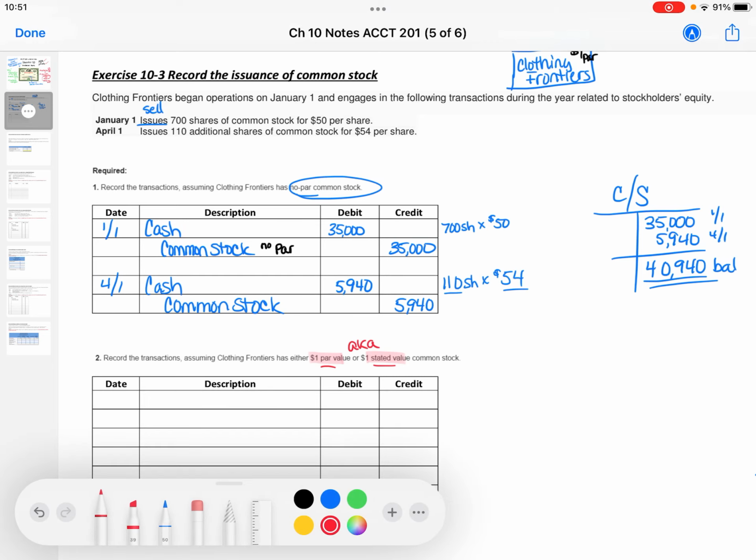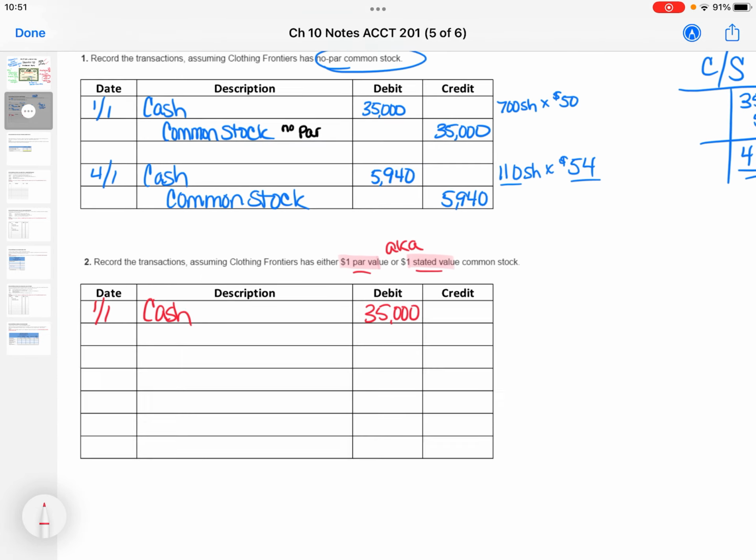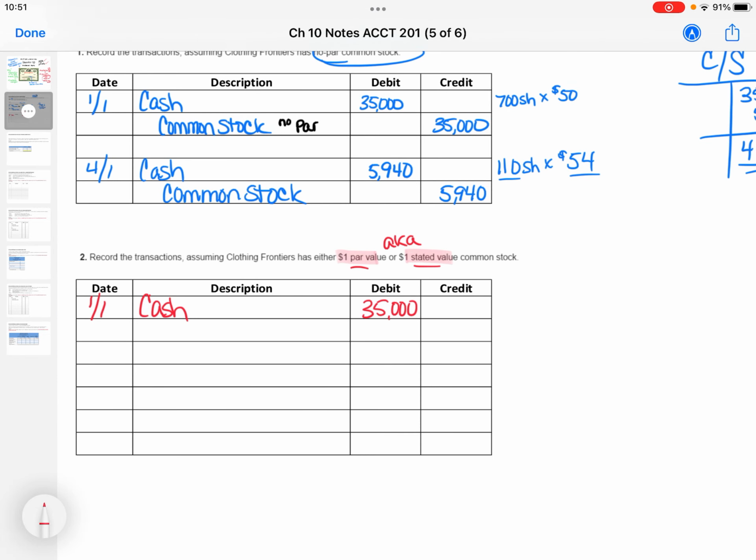All right, so let's look at this one. I would have January 1st. Cash is the same. You are still going to collect $35,000 from these new owners, these people that now own your company. So 700 shares times $50.